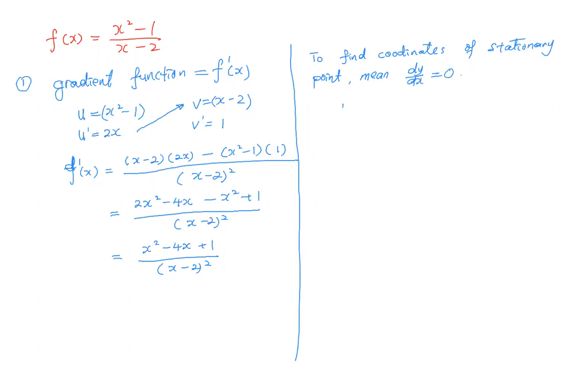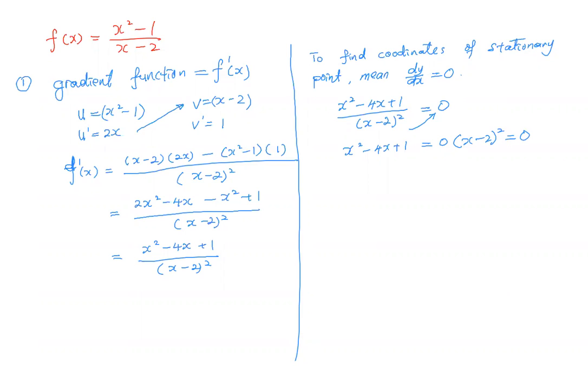So I put x squared minus 4x plus 1 over x minus 2 squared equal to 0. Bring over, zero times anything equal to 0.